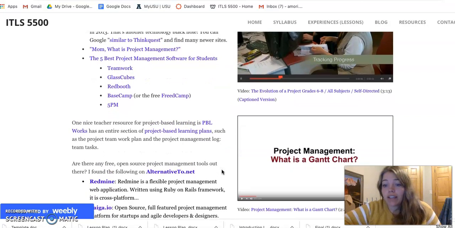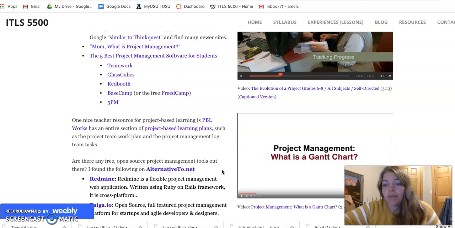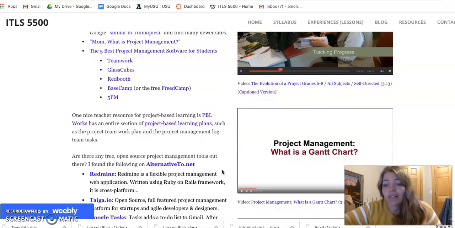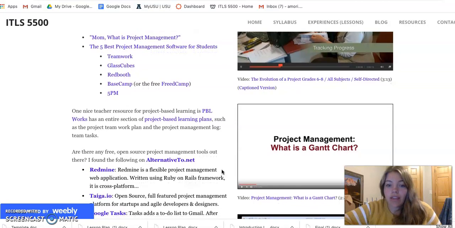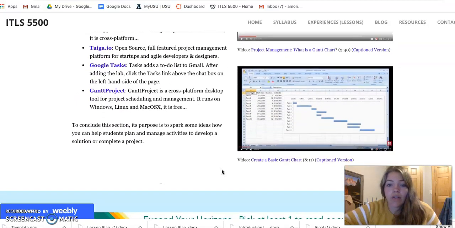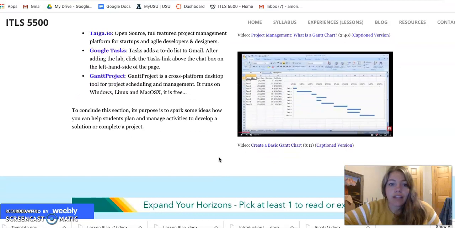So it would be very easy, if you're working a lot with Google as a teacher, to set up so certain students have access to certain groups in your Google Drive and let them work on their projects there, and then you can just grade them there as they go. And I know that it's definitely a big thing to make sure that they know what they're expected out of projects.